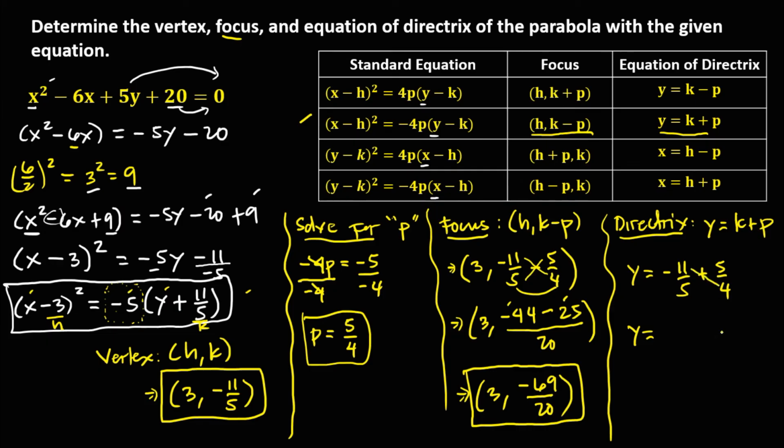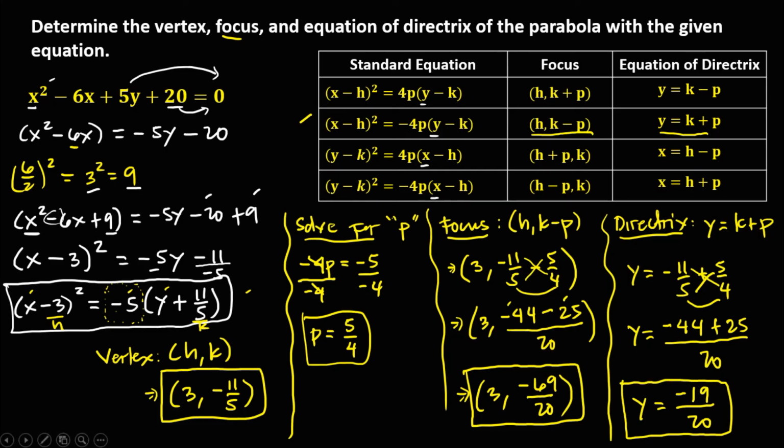So negative 11 times 4, negative 44, then plus 5 times 5, that's 25. Then over 5 times 4, that's 20. Then simplify, so negative 44 plus 25, so you subtract, that's 19. So we have now negative 19 over 20. So this is now the equation of the directrix.